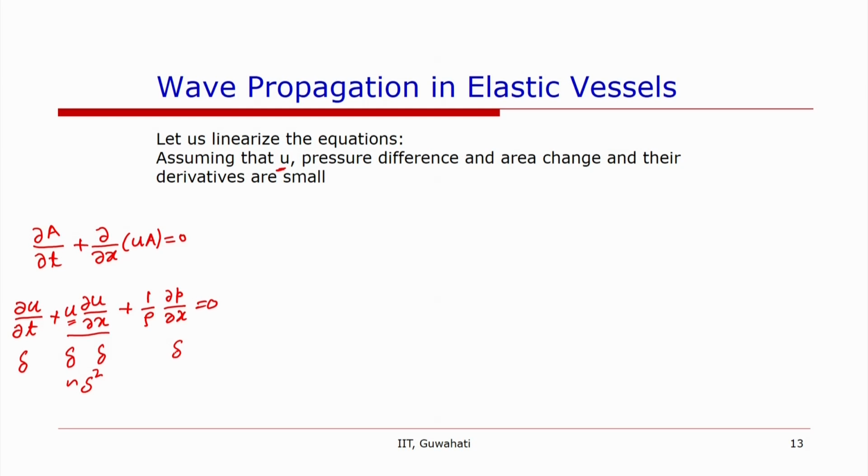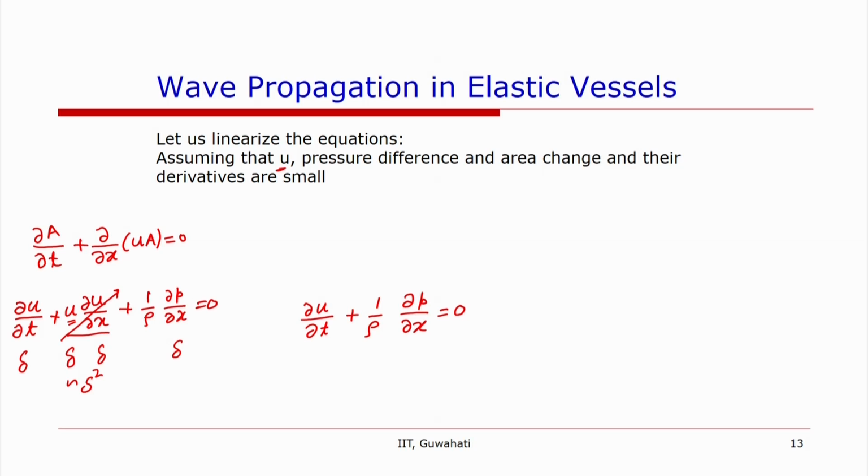So they are of the order of delta, and this term can be neglected. So we will end up with del U by del T plus 1 over rho del P over del X is equal to 0.